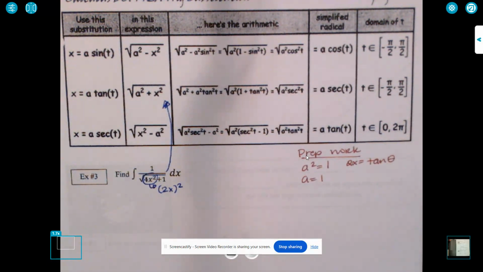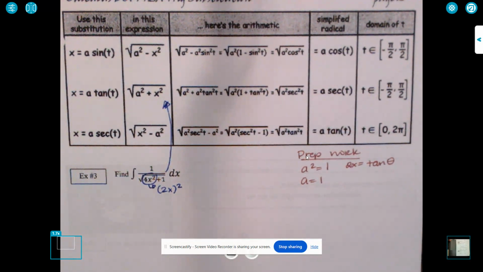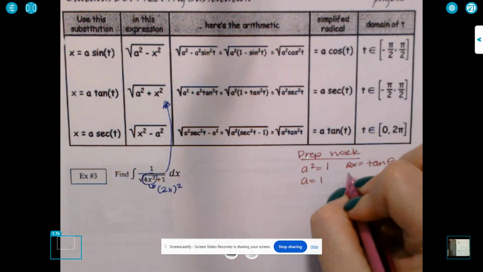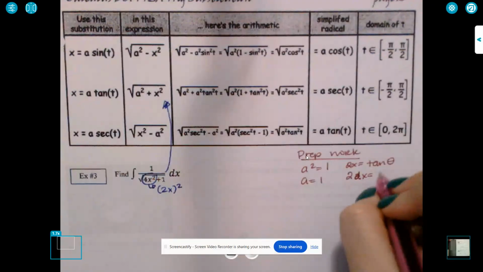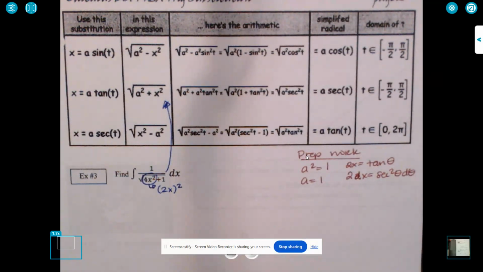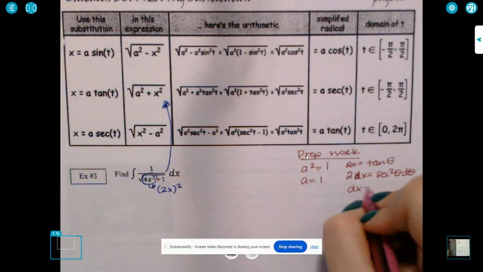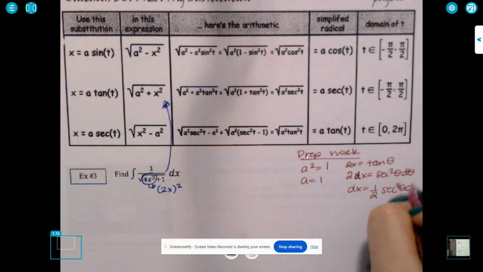I like thetas because they don't look like pluses or anything else, so I like to keep my theta in there. All right, therefore, if we did the derivative here, then 2 dx would equal secant squared theta d theta. And if we solve for dx, basically our dx is going to be 1/2 secant squared theta d theta.